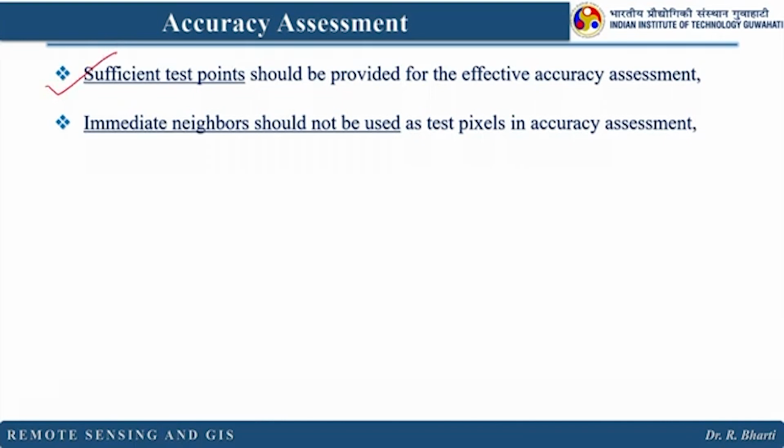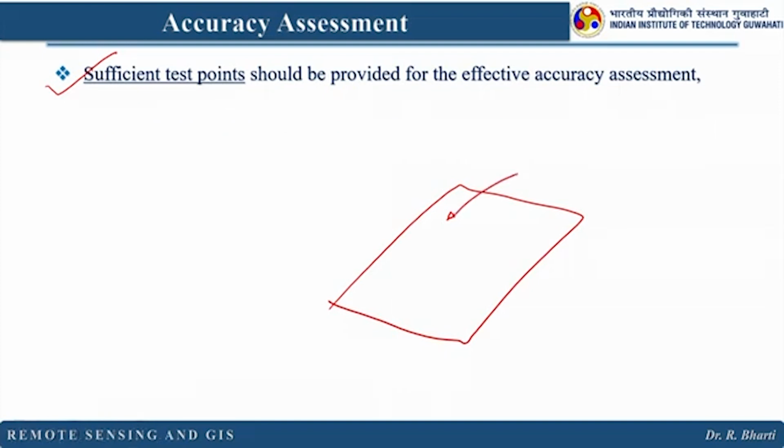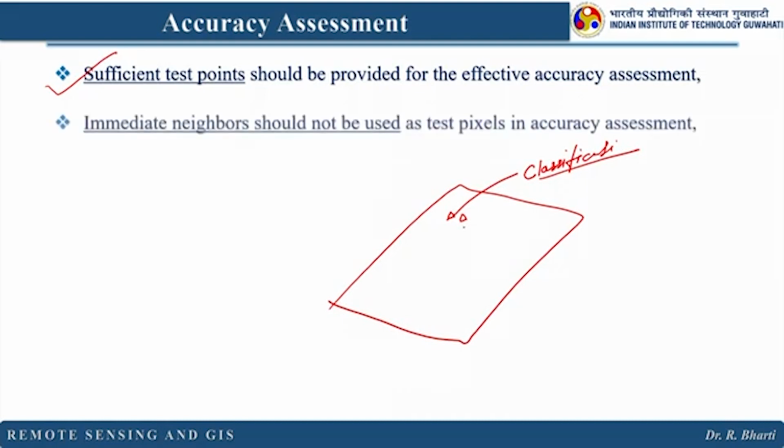The next rule is that immediate neighbors should not be used as test pixels in accuracy assessment. Immediate neighbor means, suppose this was your image and you have provided this ground control point in your classification, and this another pixel or ground control point you have used in error estimation.